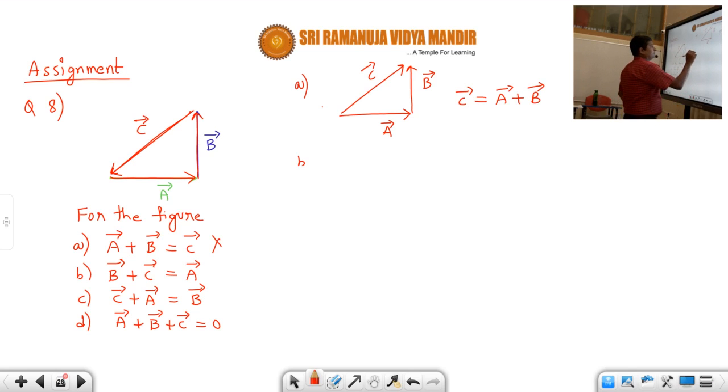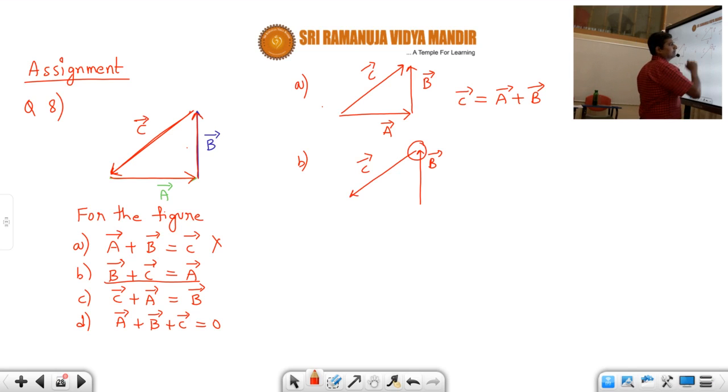Next, suppose they mentioned that B bar plus C bar equals A bar. Right now they have given B bar like this, and C bar like this, according to the diagram. Now if these two vectors are to be added by triangle law, the tail of one vector is connected to the head of the other vector.